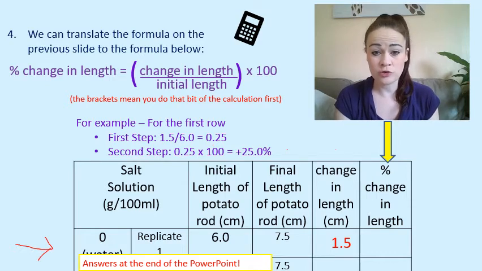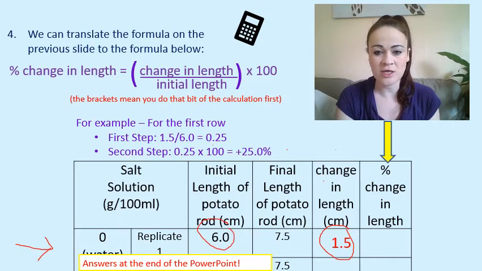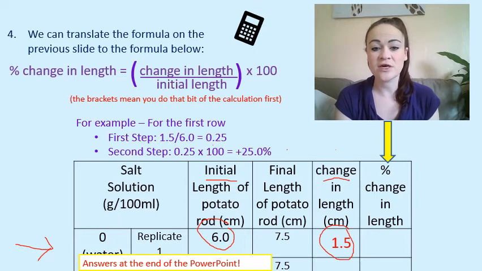We're first going to do the change in length divided by initial length, and that is our 1.5 divided by our 6. So it's our change divided by the initial length. And that gives us the 0.25 if you plug that into your calculator.